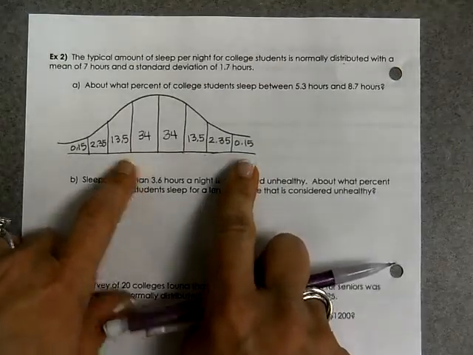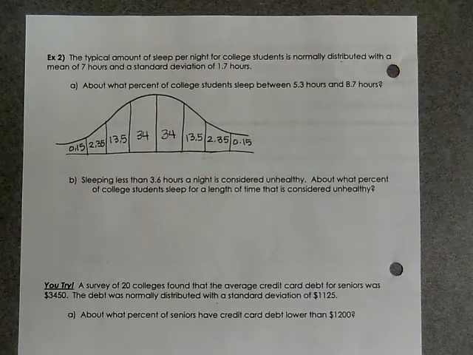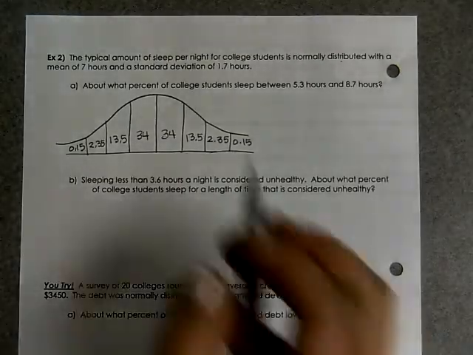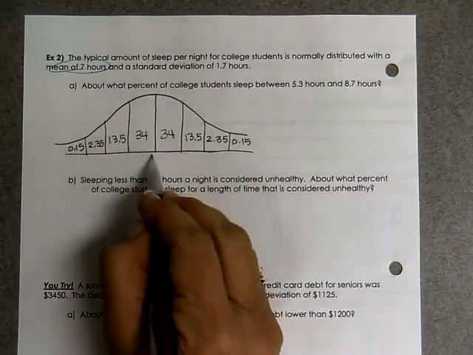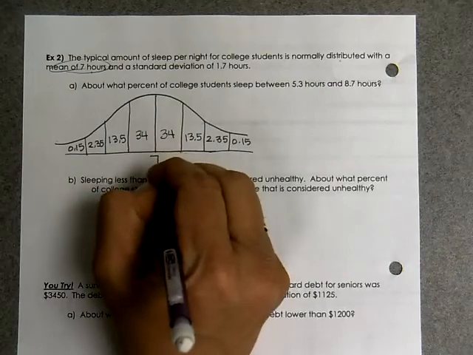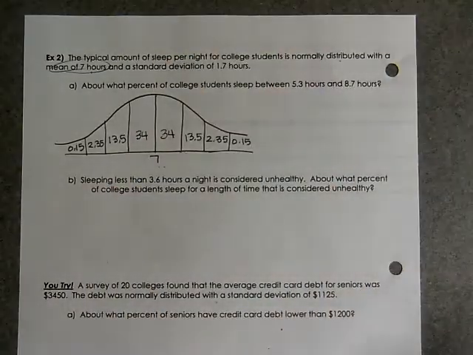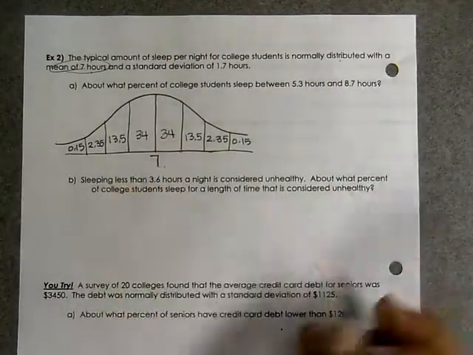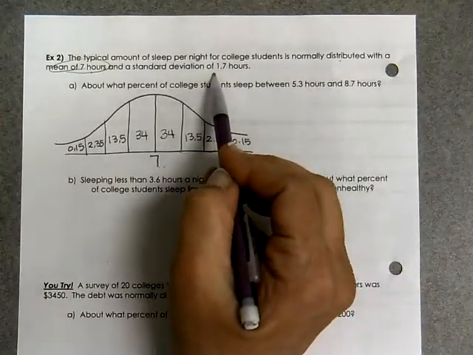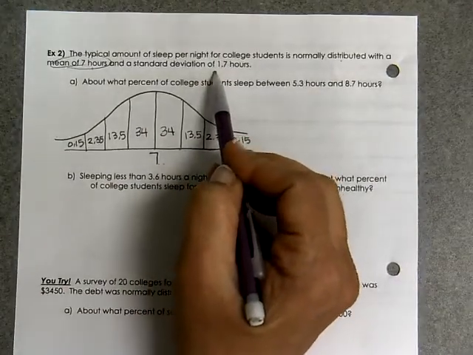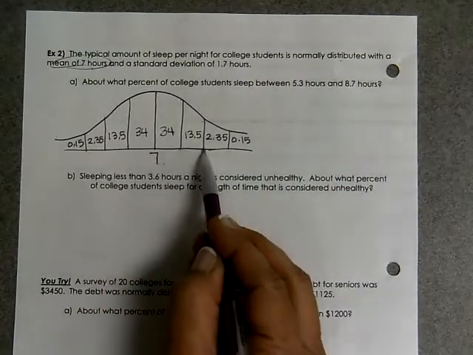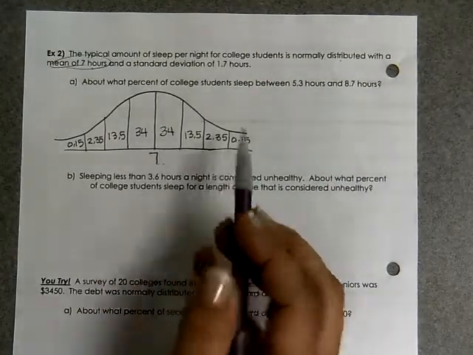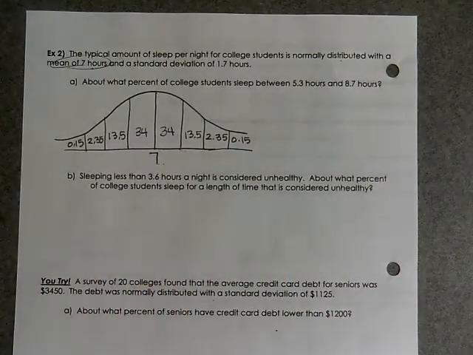Now, in the other problems, we didn't know what the mean was, right? In this problem, they tell us. What is the mean in this problem? 7. So that means that my mean, that middle value, I can now mark as 7. And it told us that the standard deviation was 1.7 hours. That means that each of these little marks that we have represents a difference of 1.7.